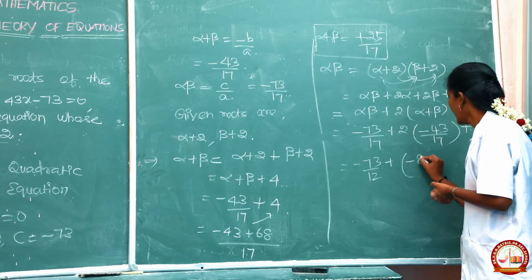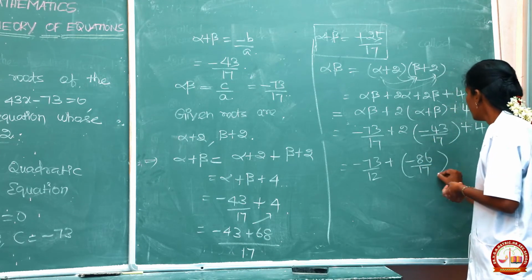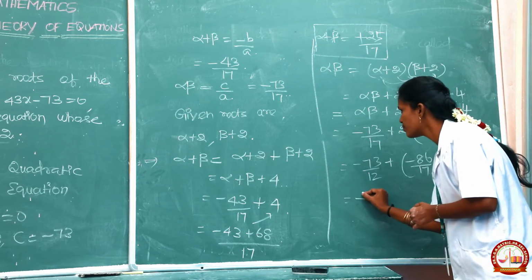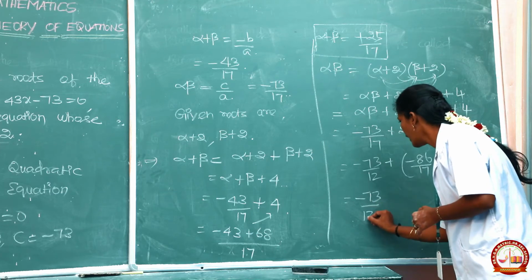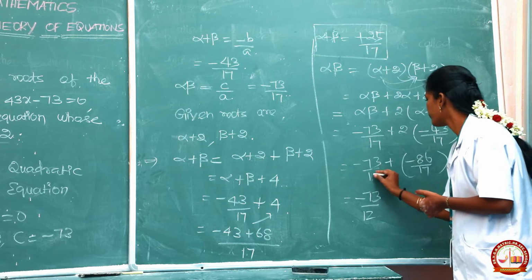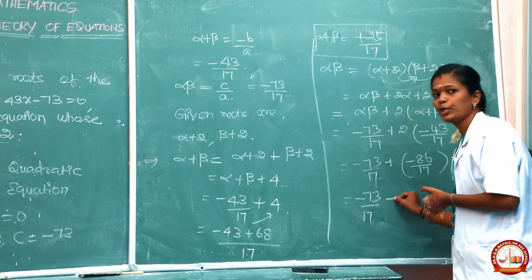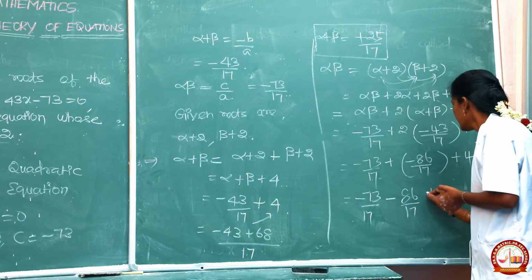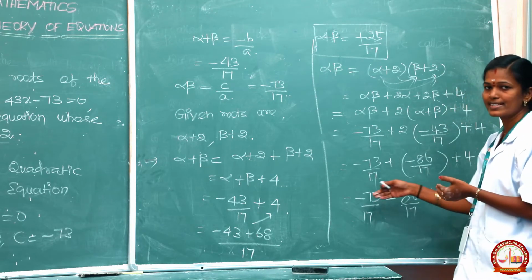So minus 86 by 17 plus 4. Remove the brackets: minus 73 by 17, plus into minus gives minus, 86 by 17. These are the same symbols.